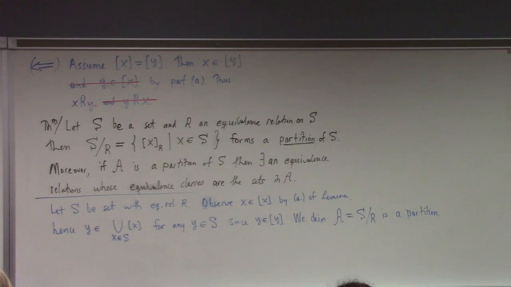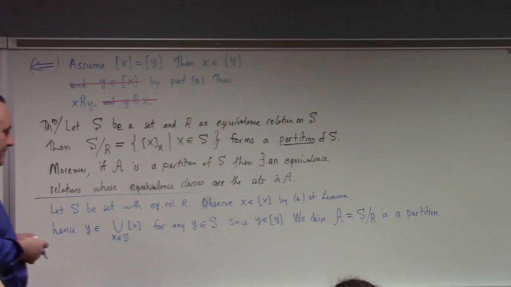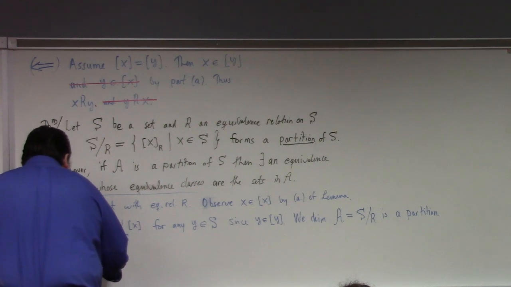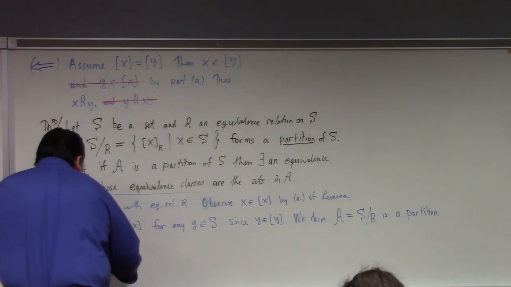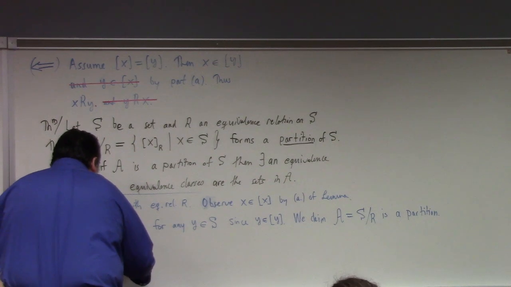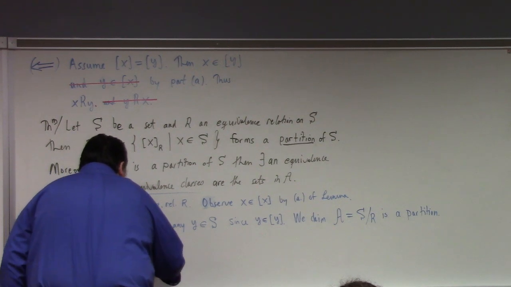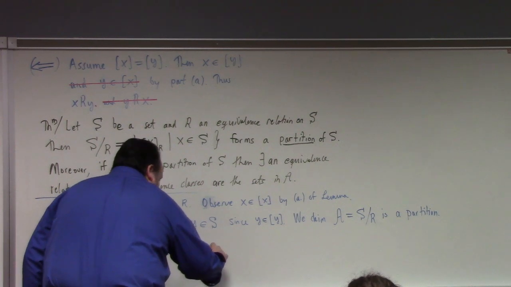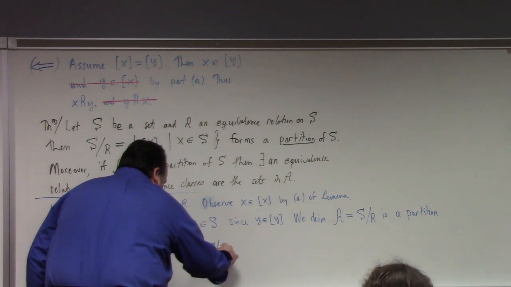Why are they non-empty? x is an element of the equivalence class containing x, which is then not empty for each equivalence class in the alleged partition.